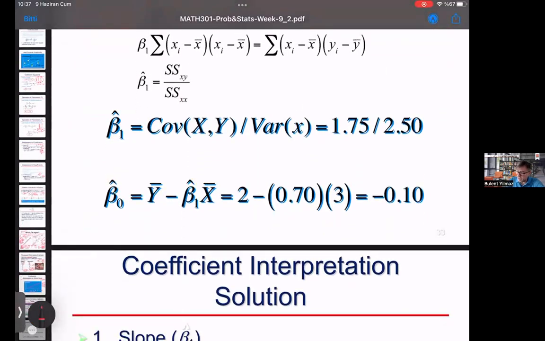So we find the covariance of xy being 1.75 and variance being 2.50. Beta 1 is 0.70. Times 3, this is x bar, this is y bar, and this is beta 1 hat. And then I'm going to find out the intercept being minus 0.1.